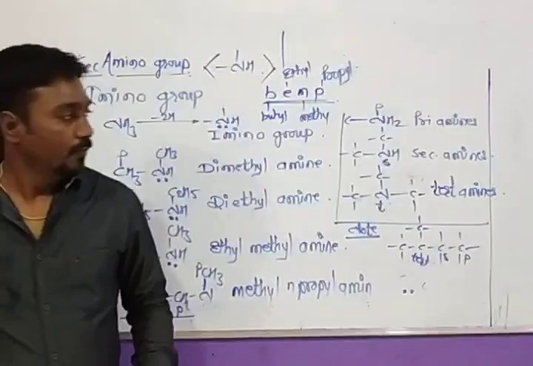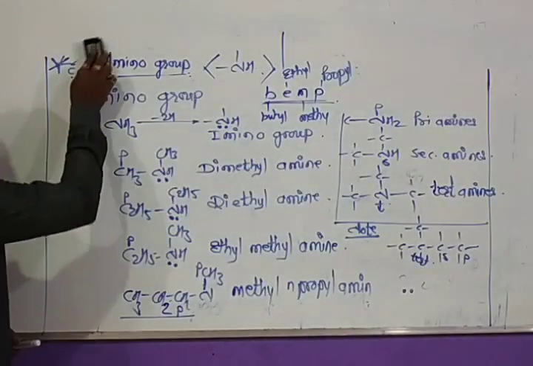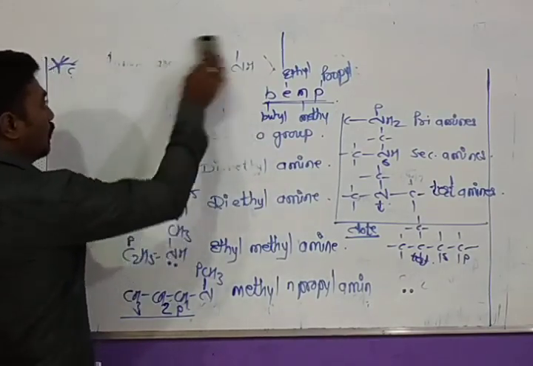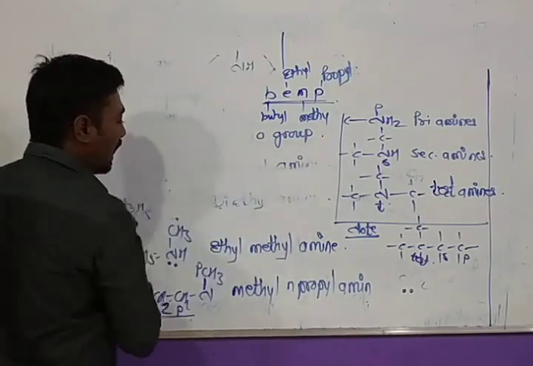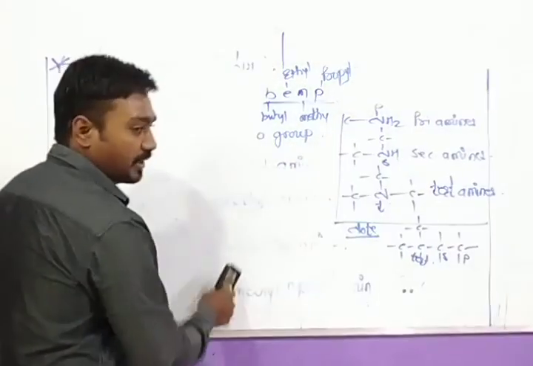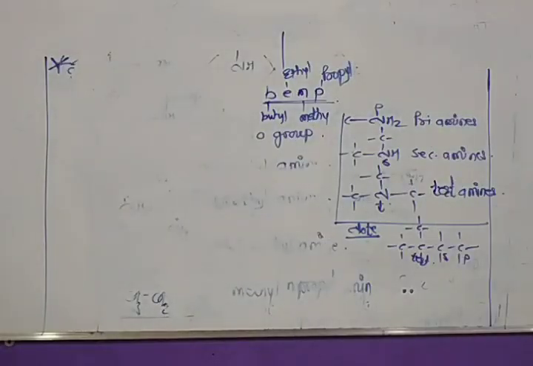Now we will take the next functional group, the nitrile group. So look at how the nitrile group is formed. Nitrile is our tertiary amino group. And how is it formed?